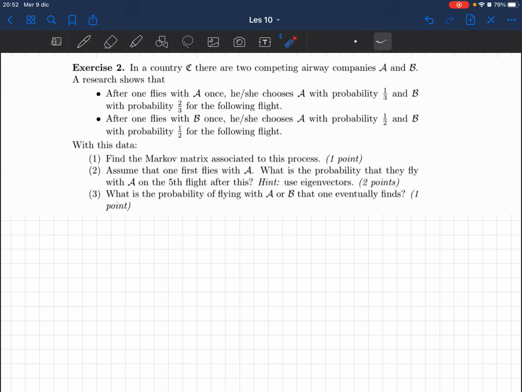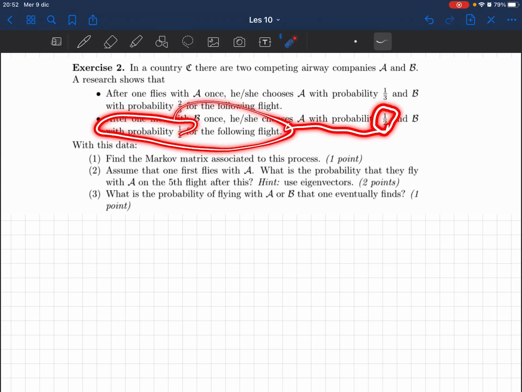If you fly with A once, then you choose A again with this probability and B with the other probability, so 1 minus this. And if you fly with B, then on the next flight you choose A with this and B with this.